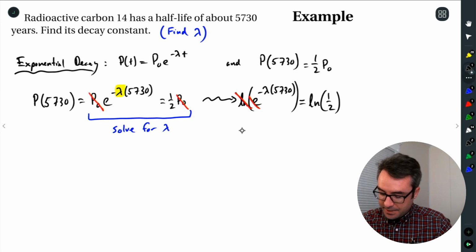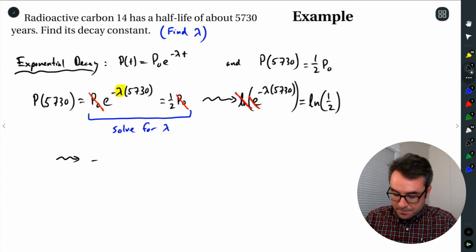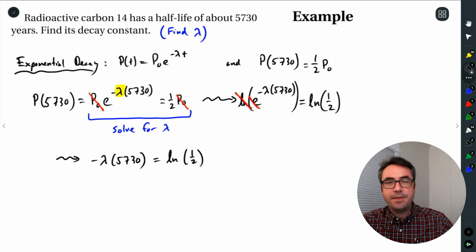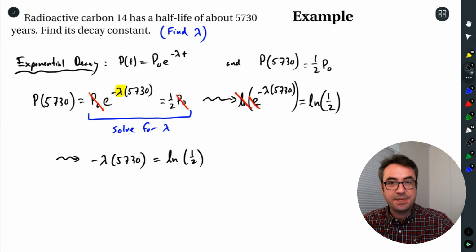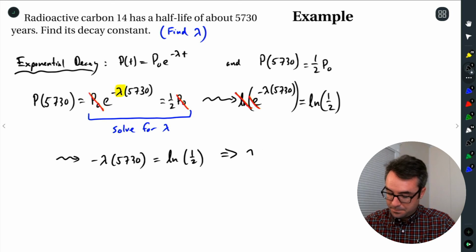And that gives us negative lambda times 5,730 is equal to the natural log of 1/2. And then solve for lambda. So divide both sides by negative 5,730. So we get natural log 1/2 over negative 5,730.